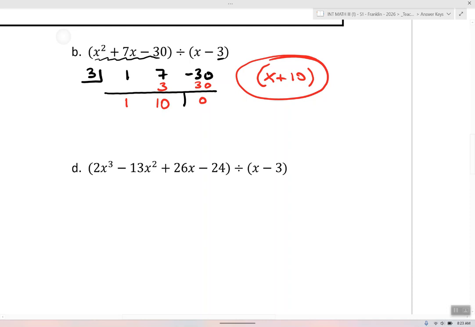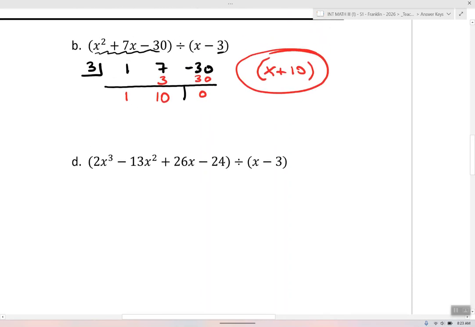Last one here. We have minus 3 again, just like the one above it. So we'll put 3 in the box. And then our coefficients are 2, negative 13, 26, and negative 24. No zeros this time.